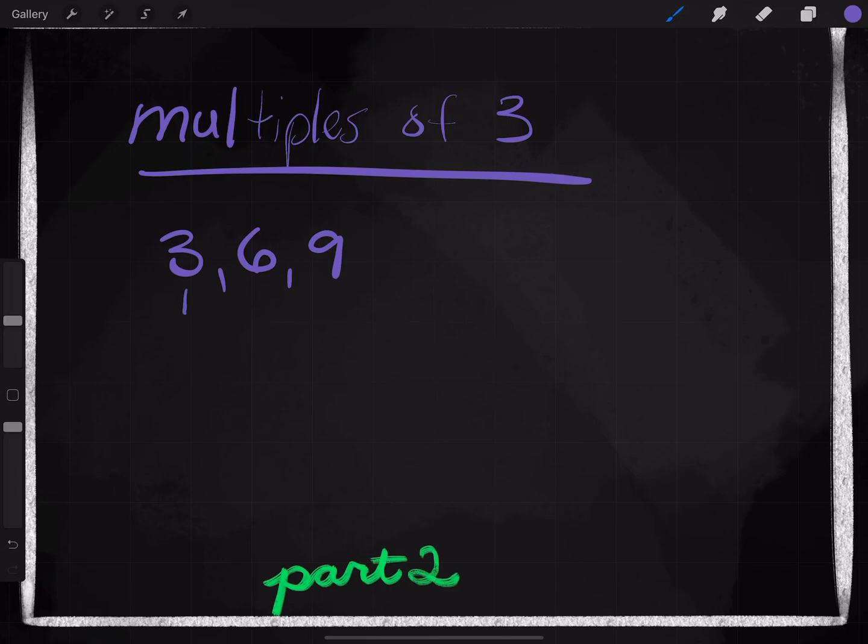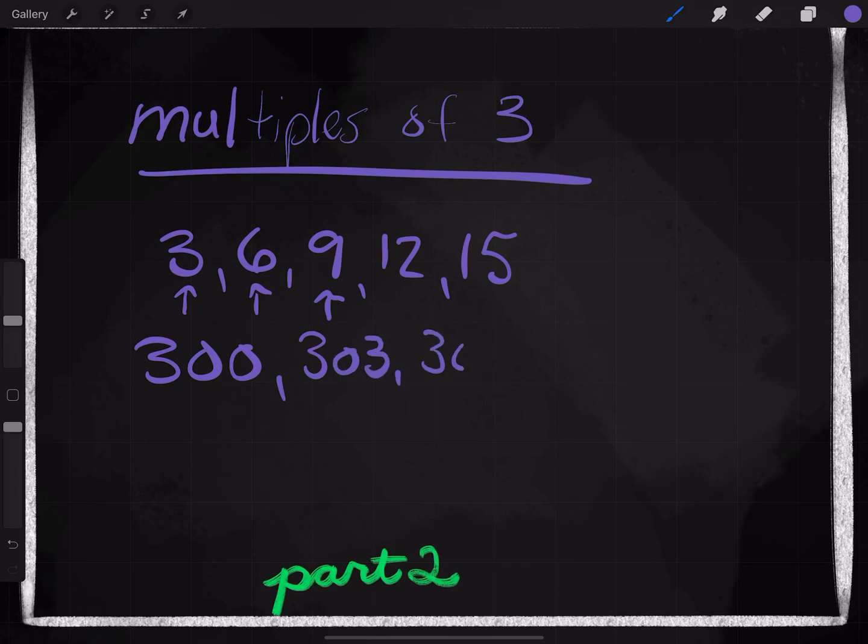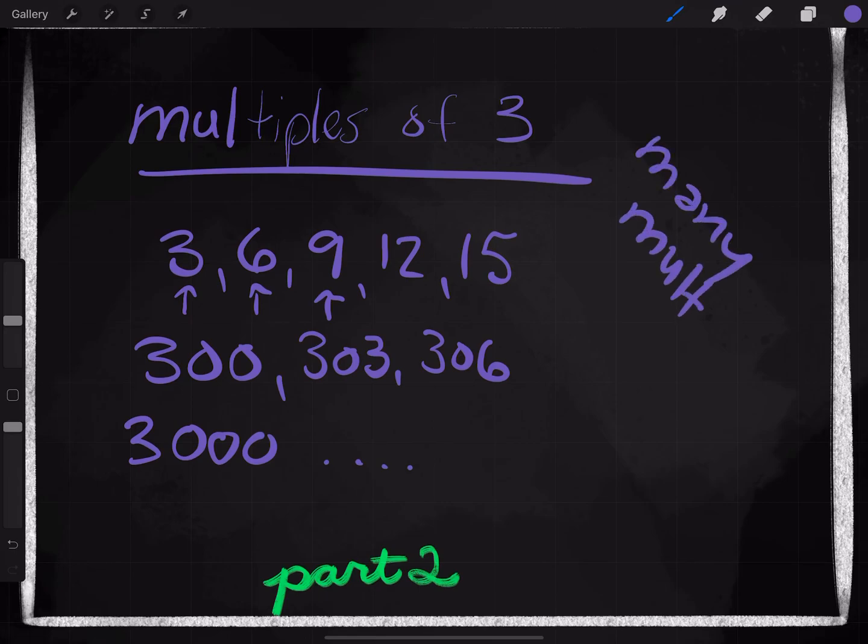Okay, because that's 3 times 1, 3 times 2, 3 times 3, 12, 15. You could have 300. You could have 303. You could have 306. You could have 3,000. The multiples go on and on. There are many, many multiples. So many.